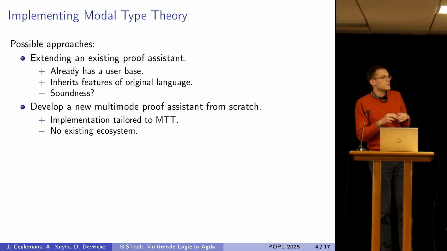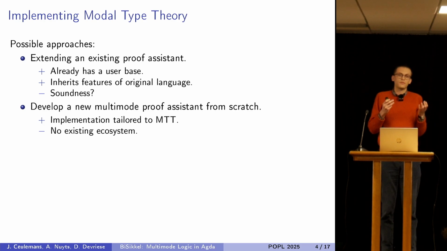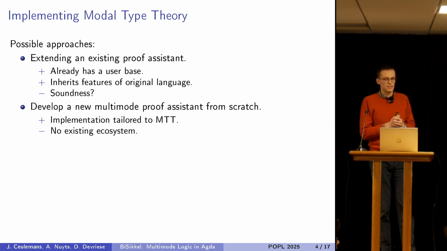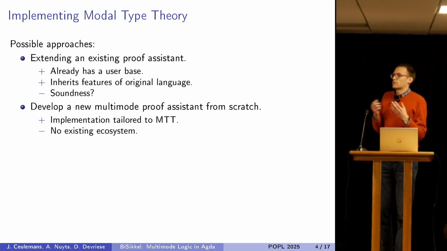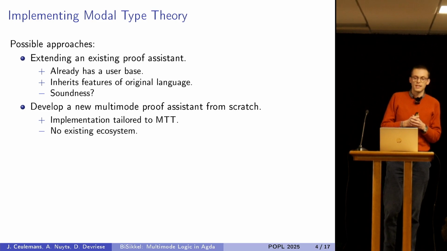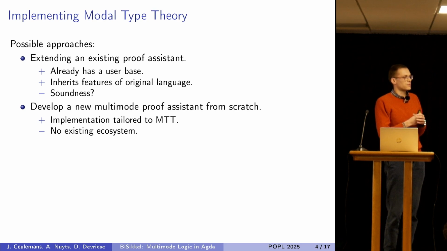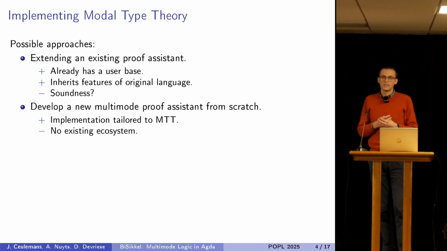But on the other hand, we are extending the proof assistant, so it could in fact be that we end up with a system that is unsound. Then, as a second approach, we could also just start from scratch and develop an entirely new proof assistant. The advantage of that is that we get something that is very suitable for programming in MTT, but of course there is then no existing ecosystem.